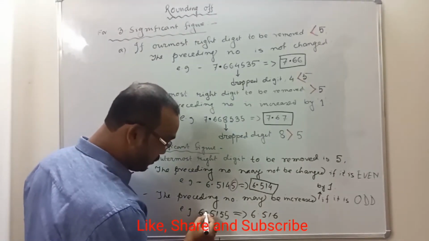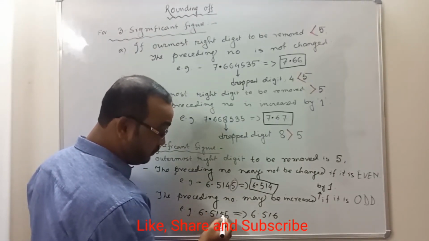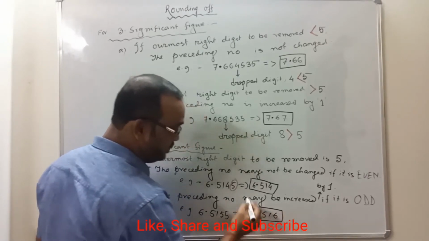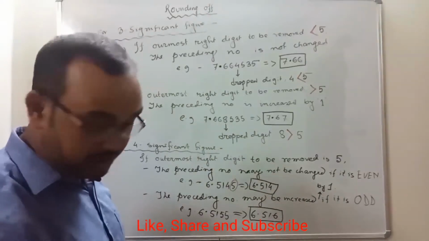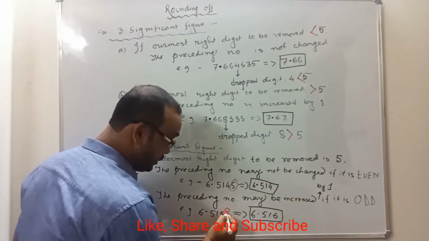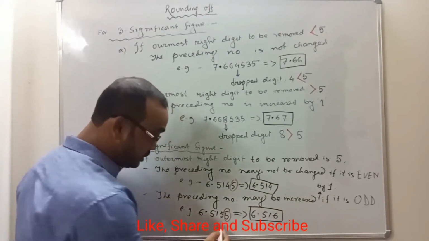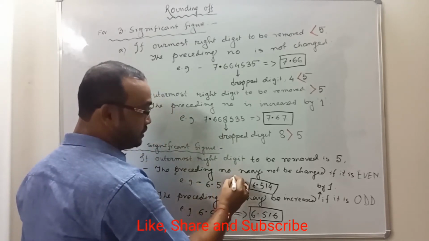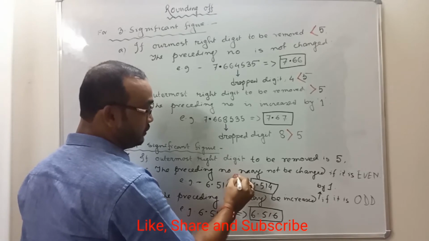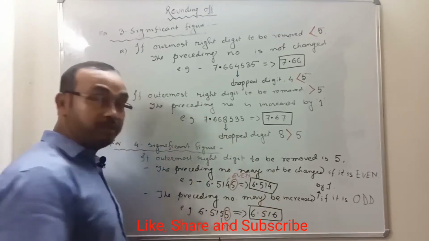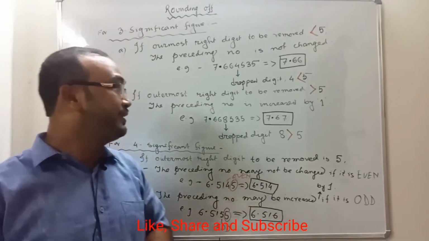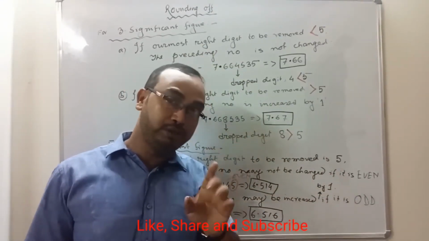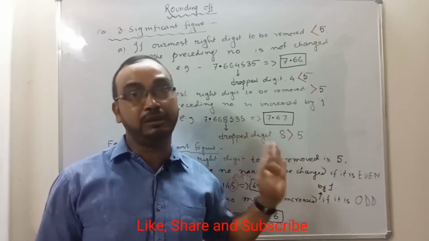That is 6.5155, it will be 6.516, because this 5 has to be dropped, and this 5 is odd, and here 4 is an even number. So there are certain rules. You have to read the NCERT book. Every rule will be there properly.